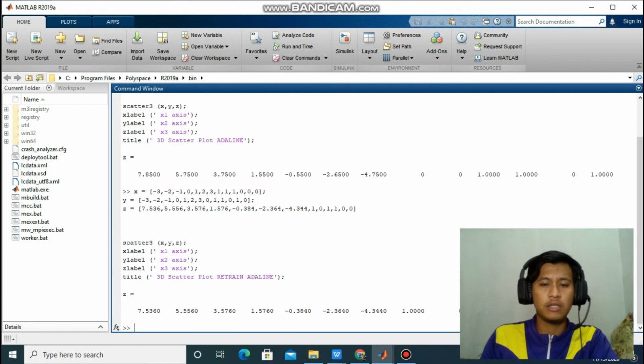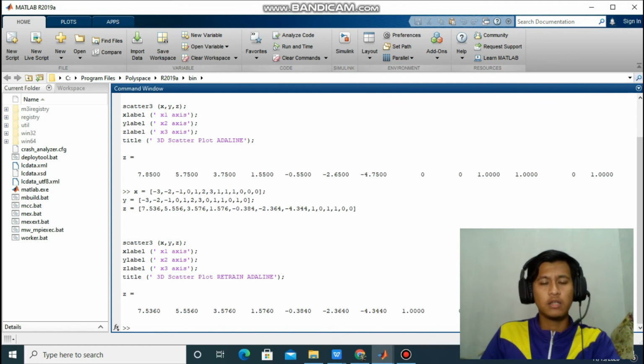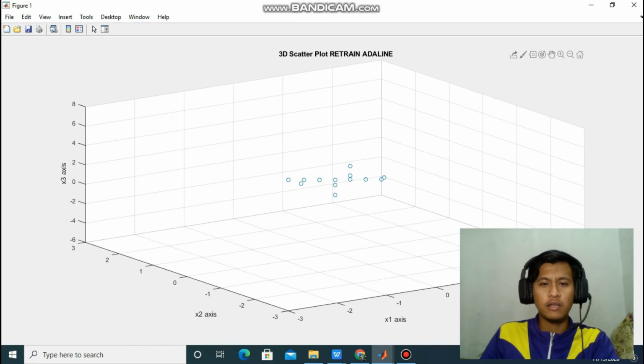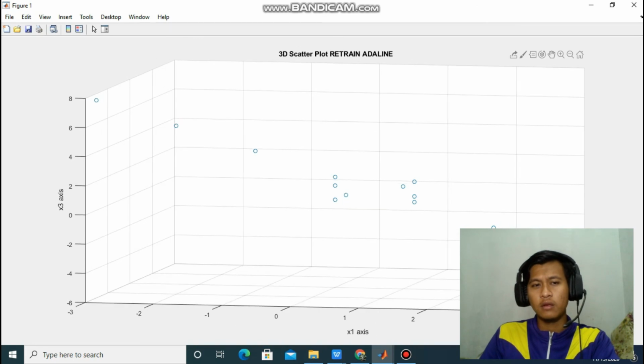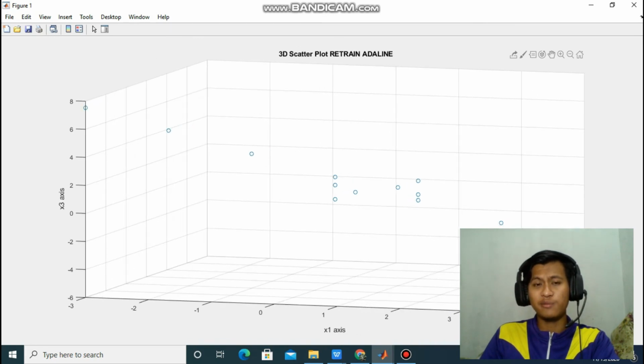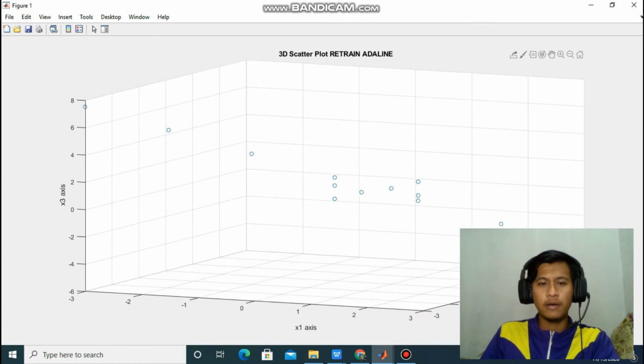Let's pause it. So what we have for this is the scatter plot. We need to wait for a while. So this is the scatter plot between the other lines.